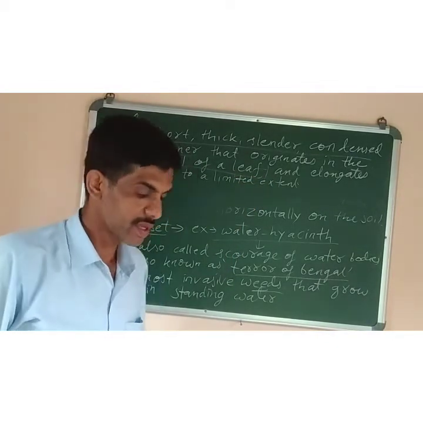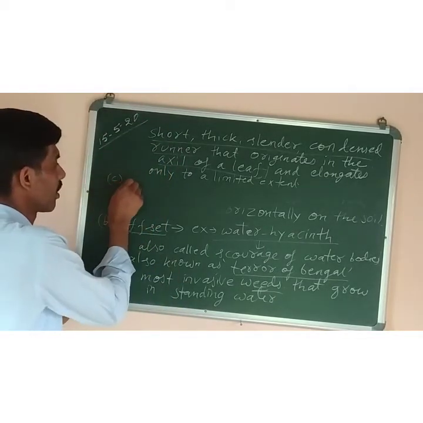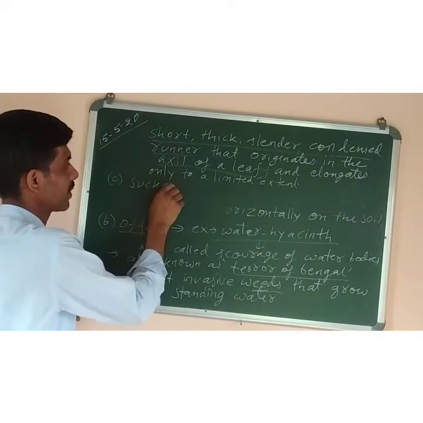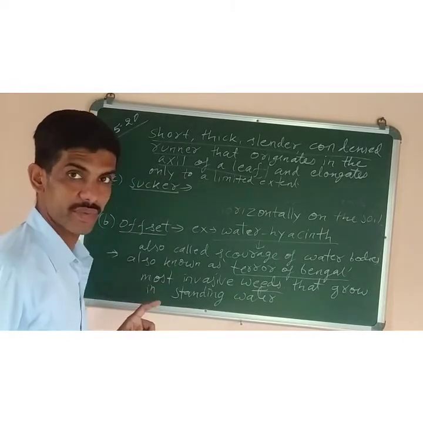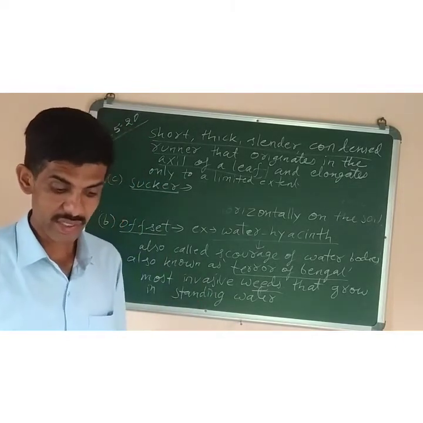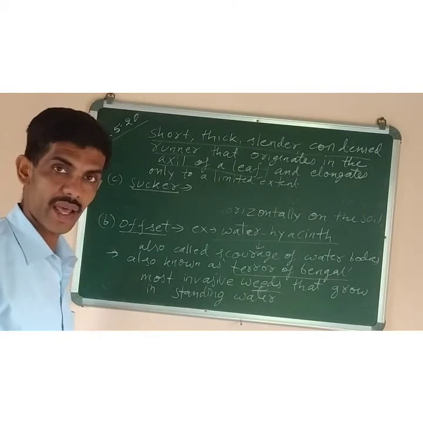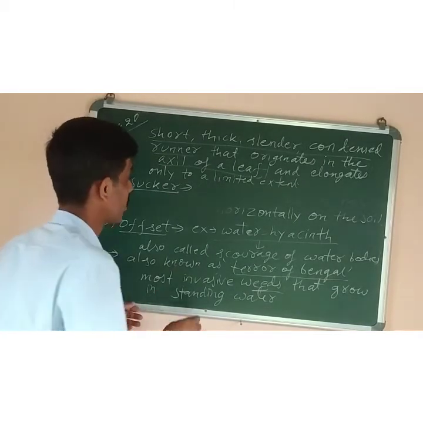Now next we have sucker. The third type of subaerial stem is called sucker. Example you learn first, that is important. Sucker is a subaerial branch that arises from the basal underground portion of the main stem.